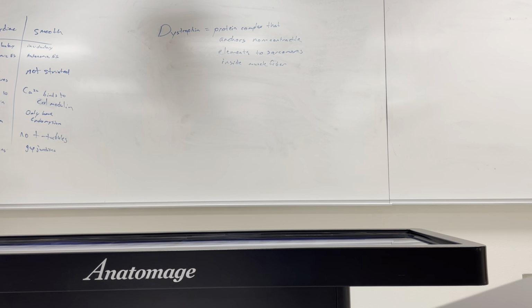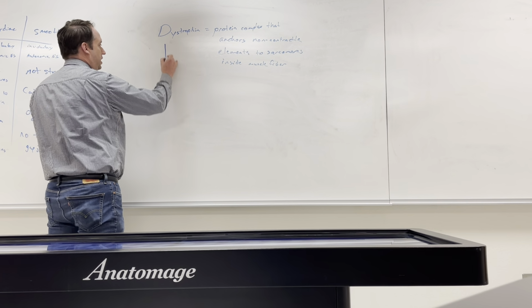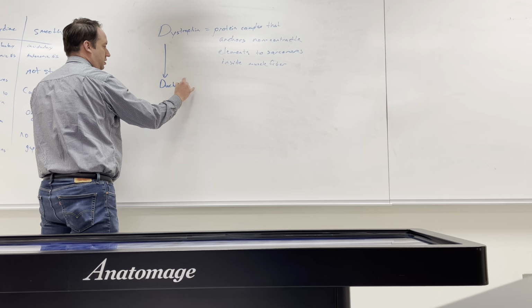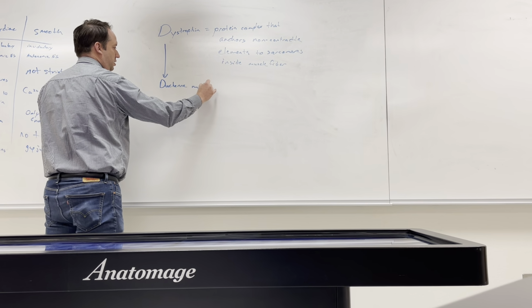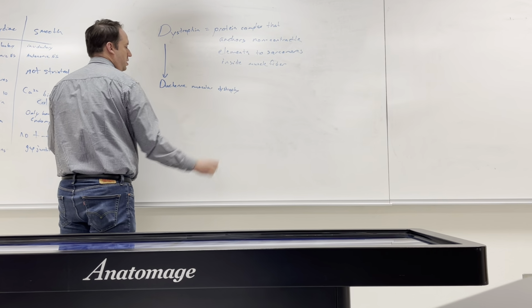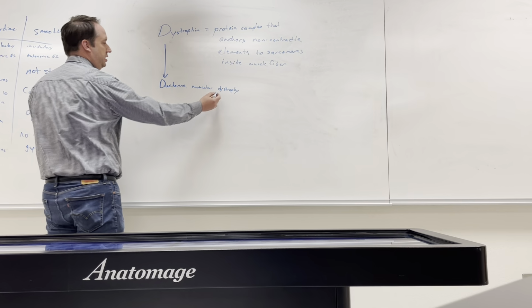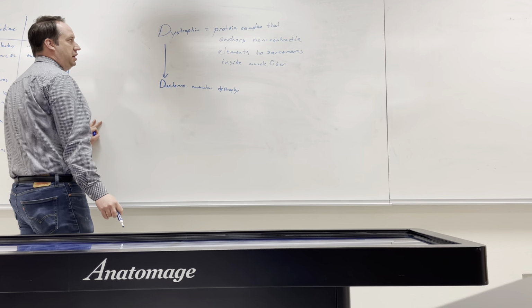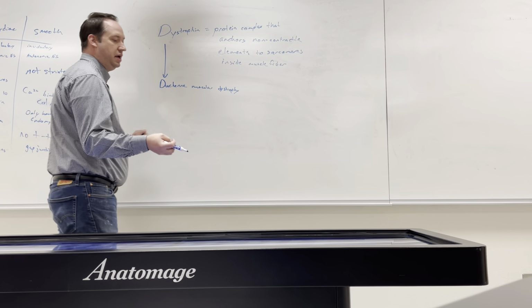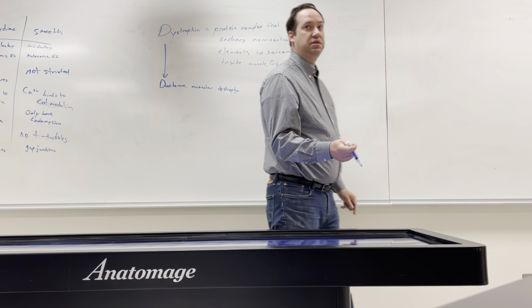We did talk about some pathology here. Duchenne muscular dystrophy. Duchenne muscular dystrophy is when that dystrophin protein complex is not formed correctly, so they're not anchored correctly, and you get progressive death of the muscle tissue.